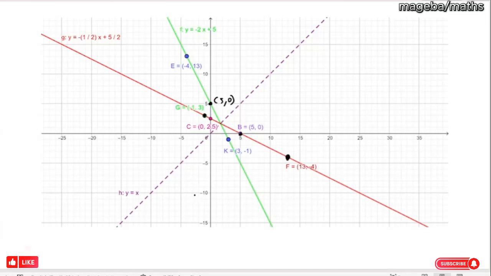I hope everything is clear, guys. If you don't understand it, I don't know, but I hope I made everything clear. This is the inverse function. The inverse function is a reflection of the original across this line here, which is y equals x.